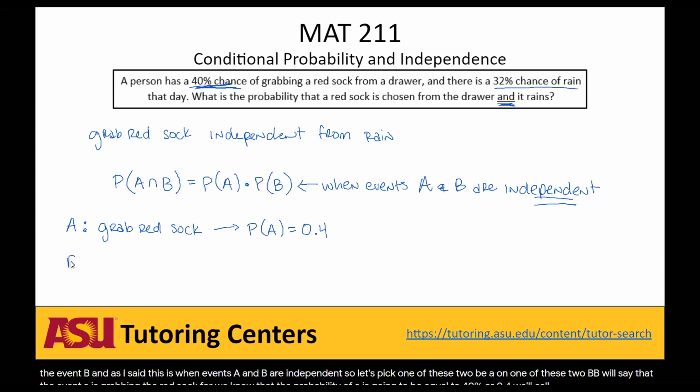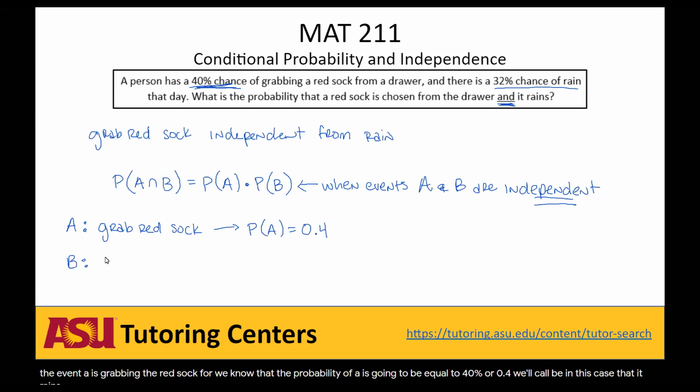We'll call B, in this case, that it rains. And we know that then the probability of B is equal to 32% or 0.32.